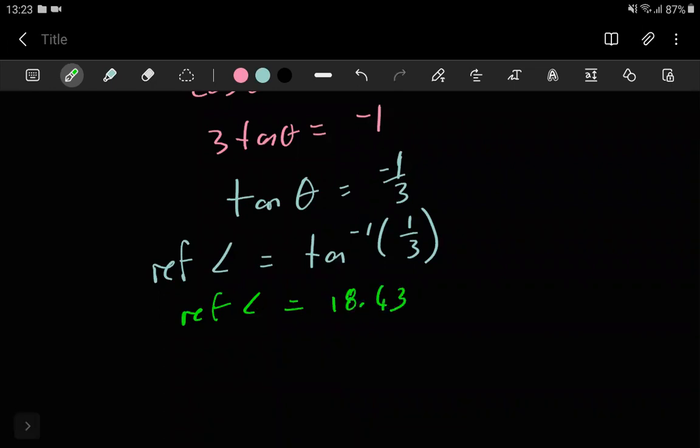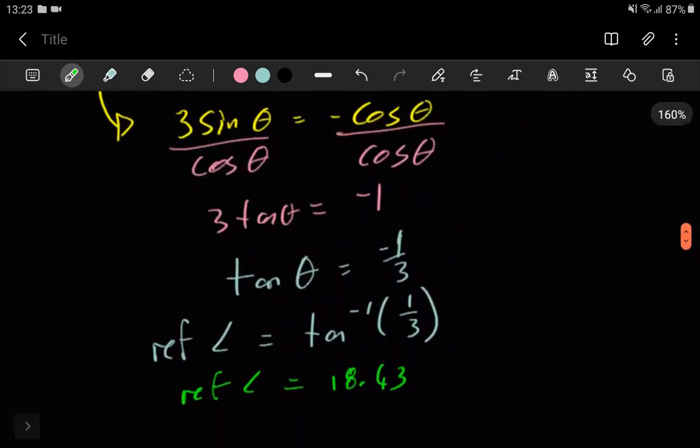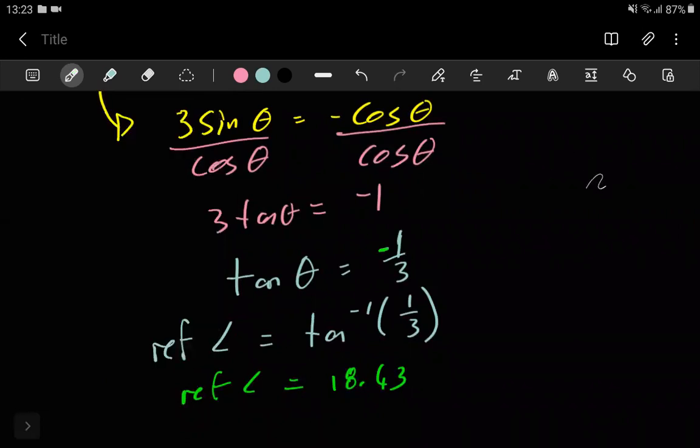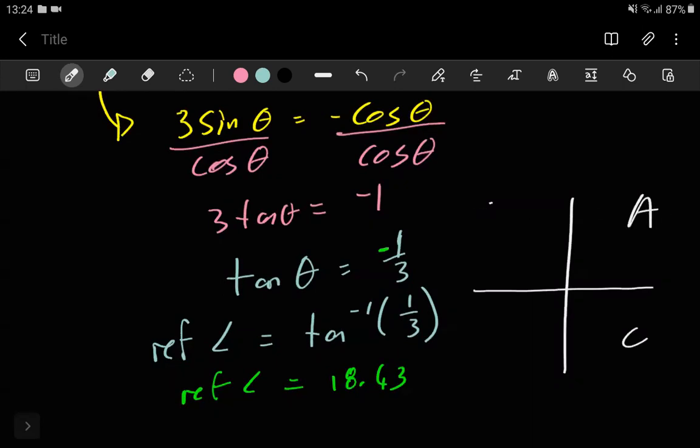18.43. Now that you have a reference angle, you can look at your sign, and you use it to see which quadrants you should work in. So it's like C, A, S, T. Tan is negative in the following quadrants.